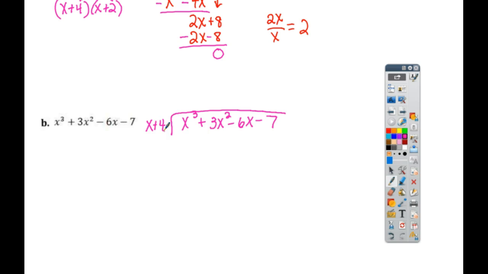The highest one is 3, and then I have a 2, and then a 1, and then a constant. When you're doing this, for instance, if this was missing, you have to fill it in with the 0x squared. You have to have one of everything when you do it, okay? So I'm going to start with x to the third and divide by x. That gives me x squared, so it goes right here. So that's why you always have to fill in if there's a blank.